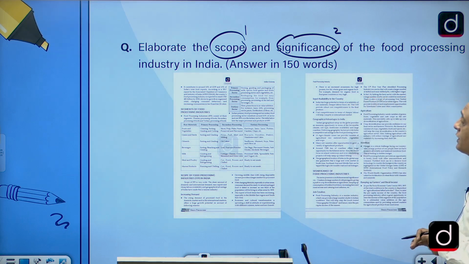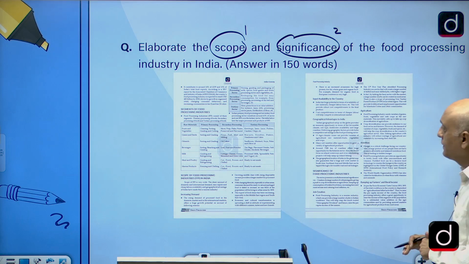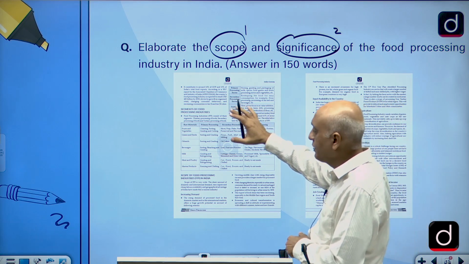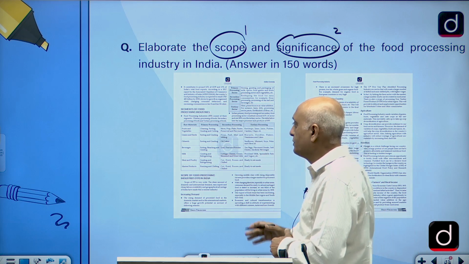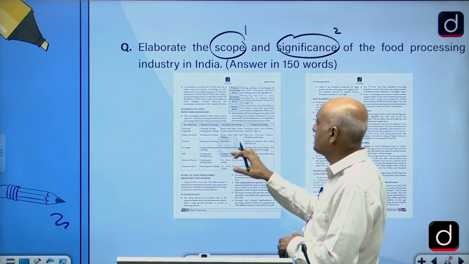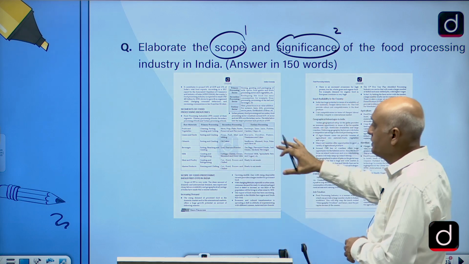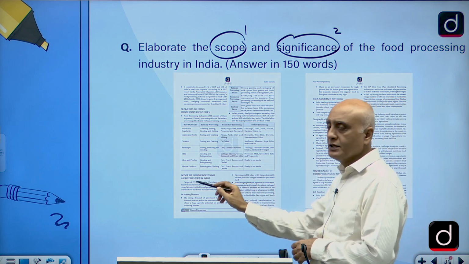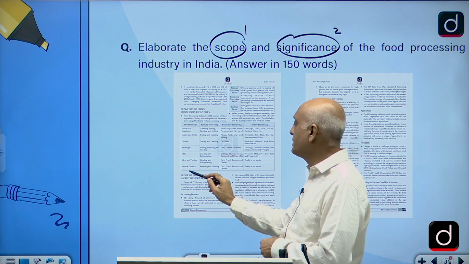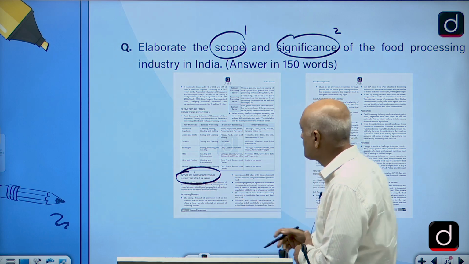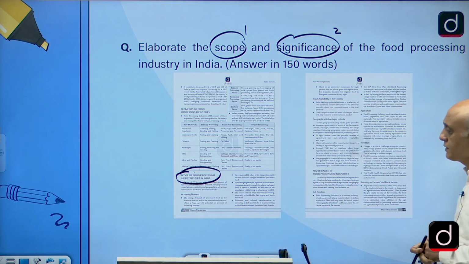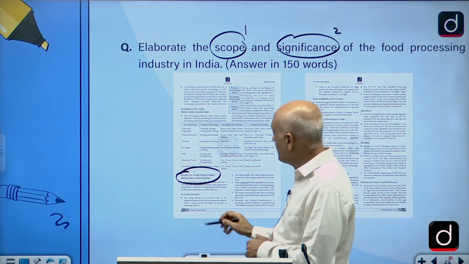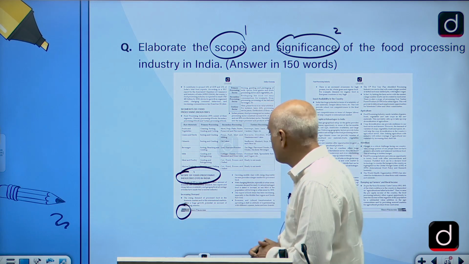Now we are talking about the food processing industry. Again, in the Drishti books, you have a complete detailing of food processing industries and types of industries. Scope is already explained here. There is a direct title: Scope of Food Processing Industries in India. Very clear title. I mention this particular page, 348 in our book.